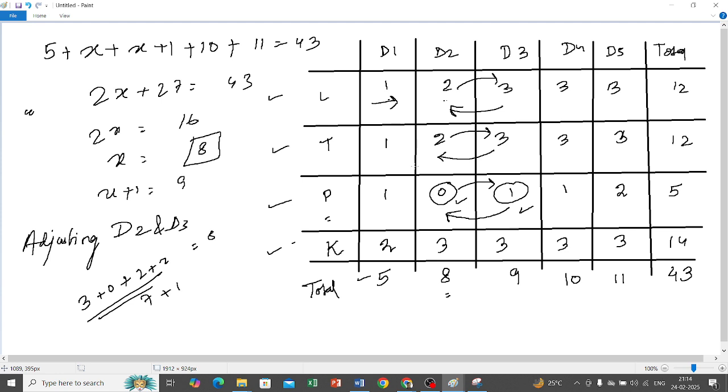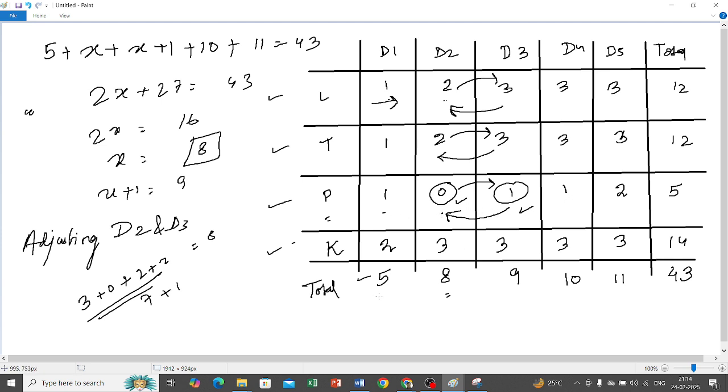Can anybody tell me? Go through the instructions and see why we should replace 0 and 1. Because it said it should be in increasing order. No, it is in increasing order only. Let me tell you one thing. It has never been said that the number of cases in each of the days should be in increasing order.